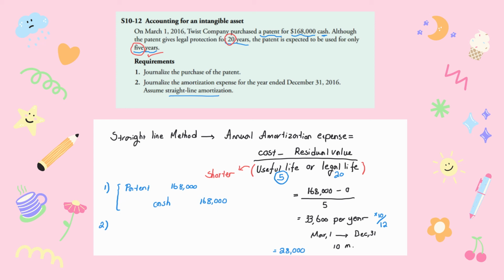It's gonna be amortization expense on the debit side to patent on the credit side, we don't have an accumulated amortization account, so it's gonna be amortization expense on the debit side, and for the patent, on the credit side I need to decrease the patent, the asset itself, instead of crediting accumulated amortization account, and the amount is 28,000, which is the amortization from March 1st until December 31st.